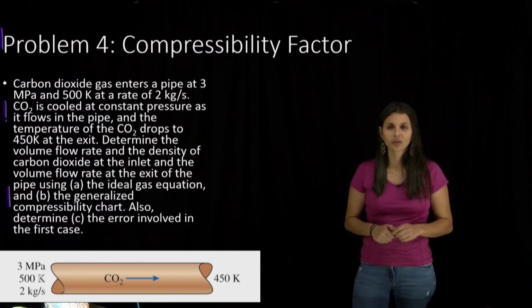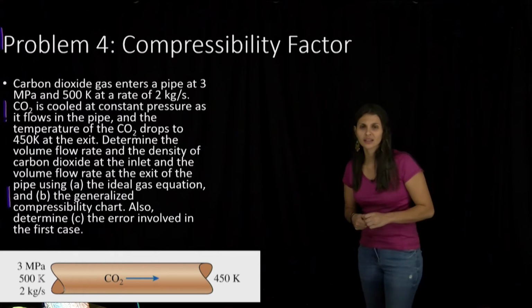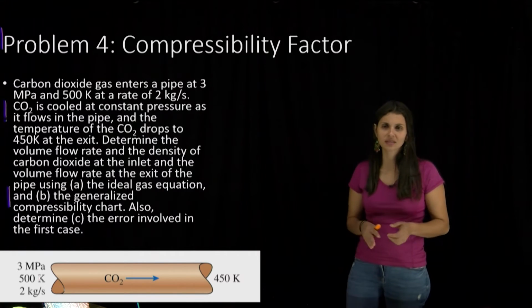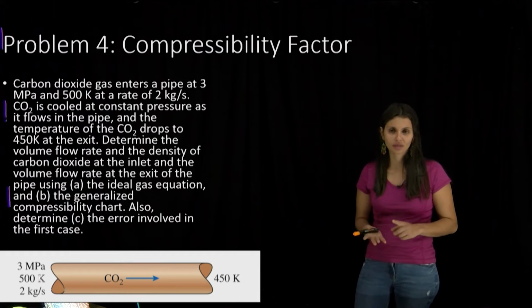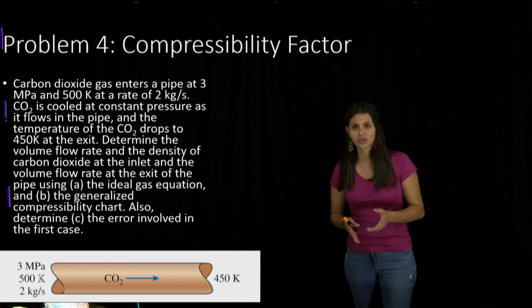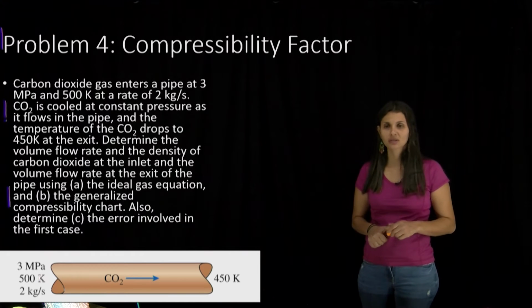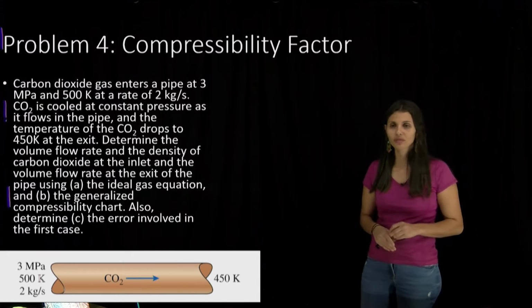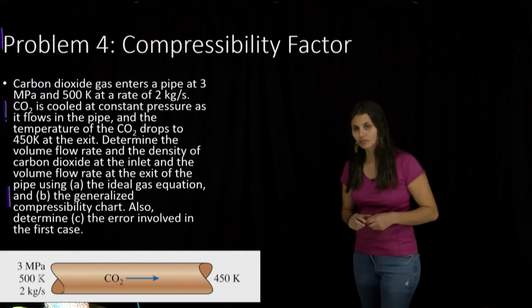Determine the volume flow rate and the density of carbon dioxide at the inlet and the volume flow rate at the exit of the pipe using first the ideal gas equation, B, the generalized compressibility chart, and then also determine the error involved in the first case.